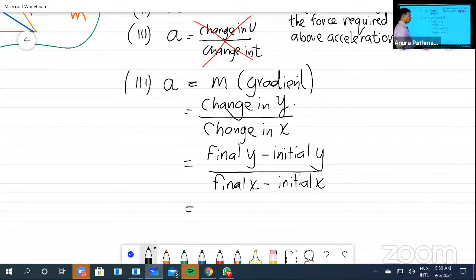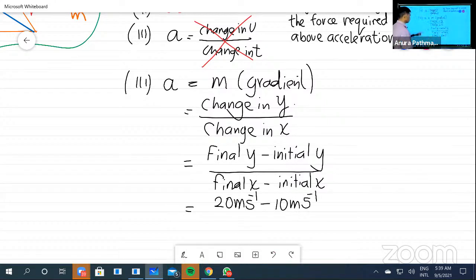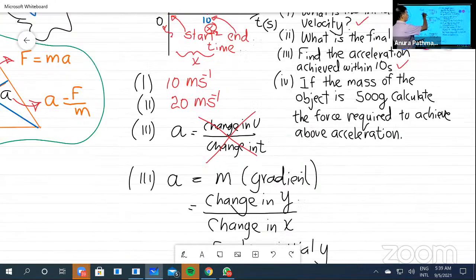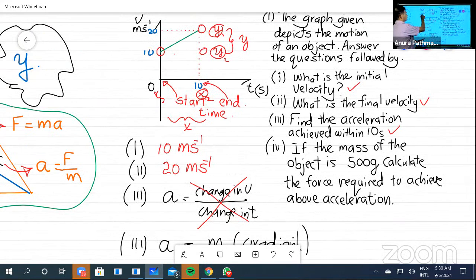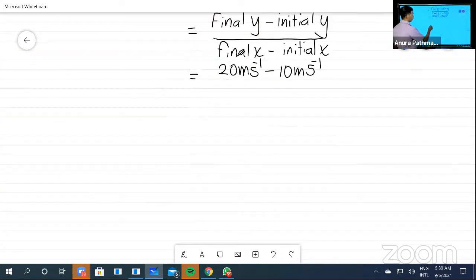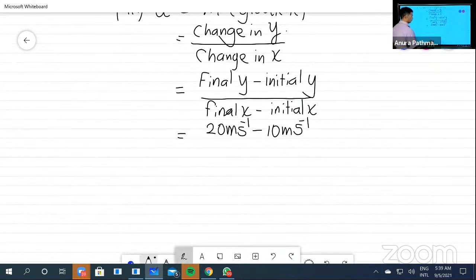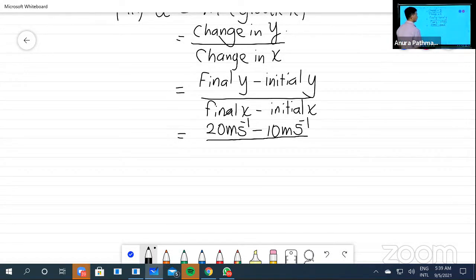Now you know final y is 20 meters per second. Initial y is 10 meters per second. If I am correct, 20 meters per second, 10 meters per second, and the other one, divided by final x, 10 seconds.